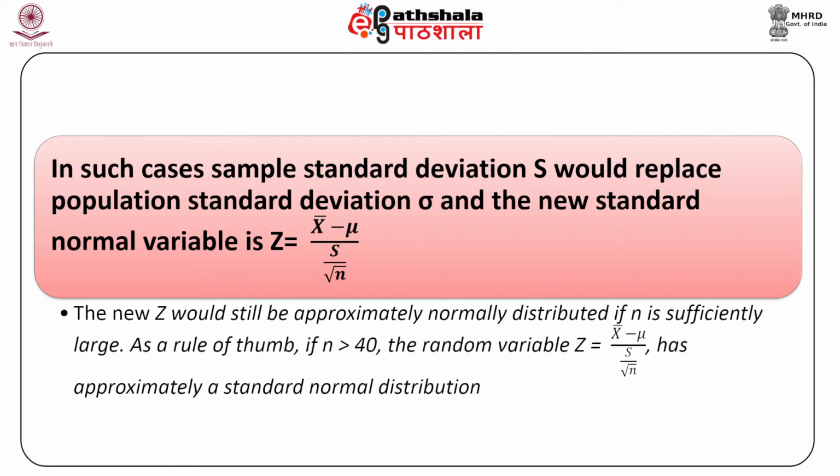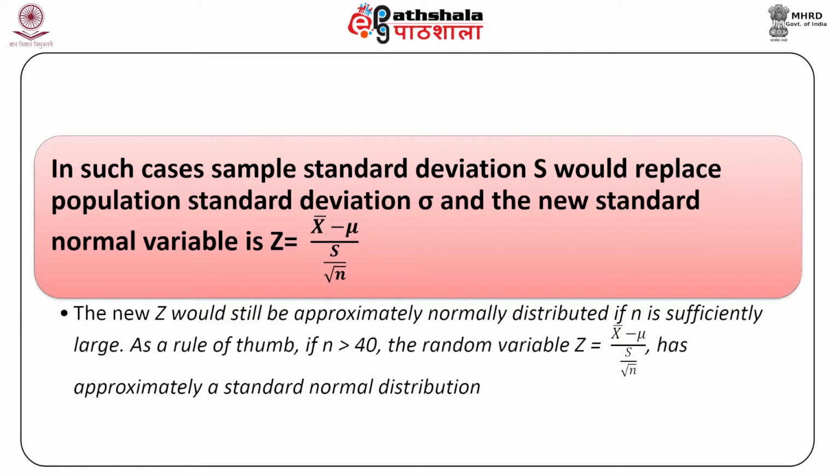This is so because randomness is there in both the numerator as well as the denominator, on account of the presence of x bar in the numerator and s in the denominator. The values of both x bar and s change from one sample to another. As a result, the distribution of the new z is more spread out around the center than the earlier z defined with sigma in the denominator.